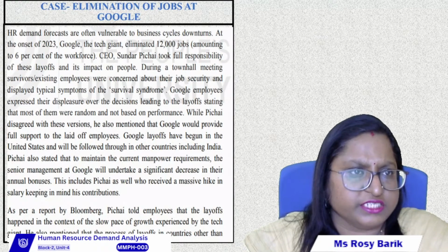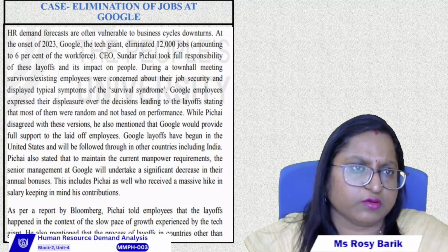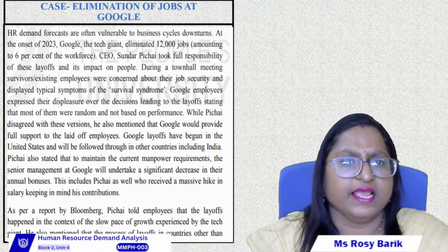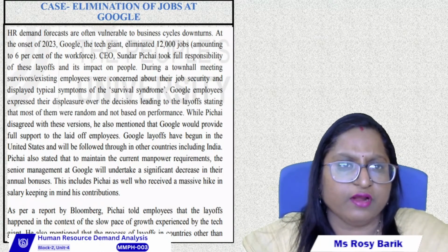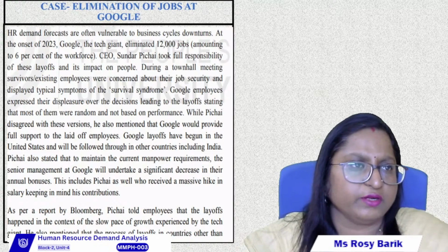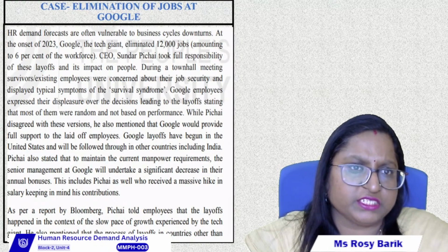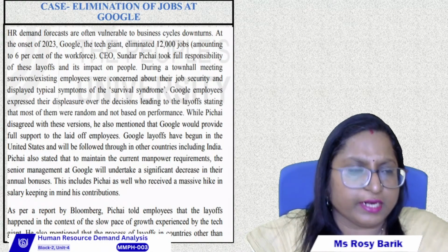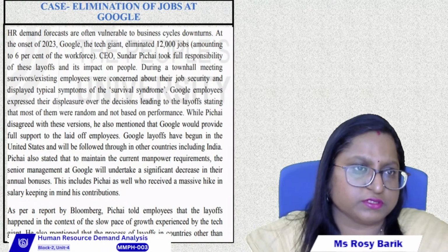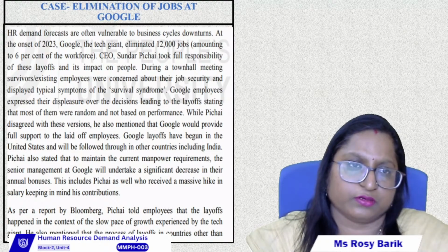At the onset of 2023, Google, the tech giant, eliminated 12,000 jobs, amounting to 6% of its workforce. CEO Sundar Pichai took full responsibility for these layoffs and their impact on people.